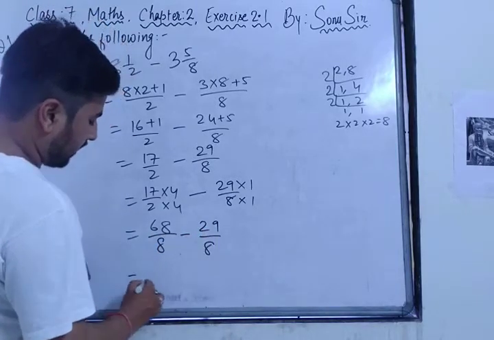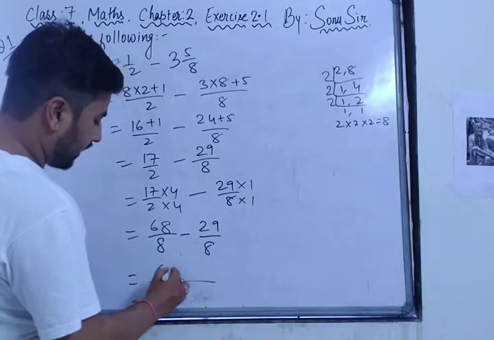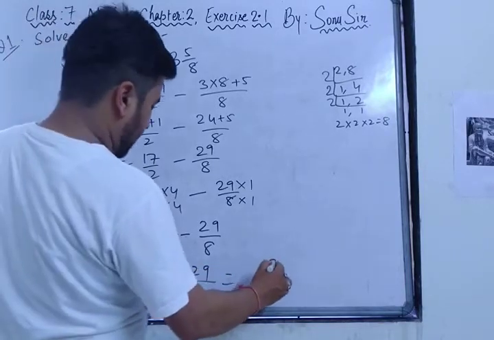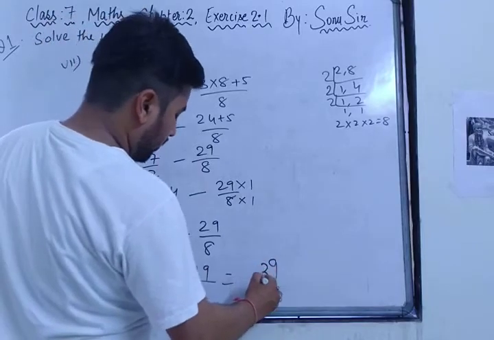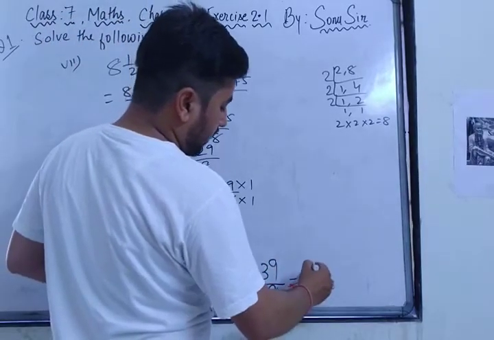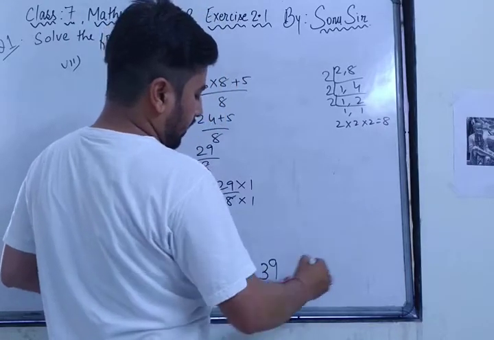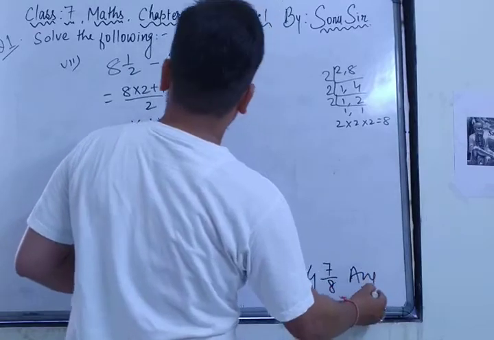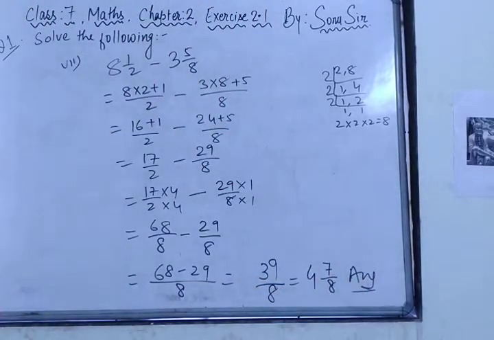So the LCM is 8, 68 minus 29. 18 minus 9, 9. 5 minus 2, 3. 39 by 8. So 8 fours are 32 plus 7 by 8. So this is your answer number 7.